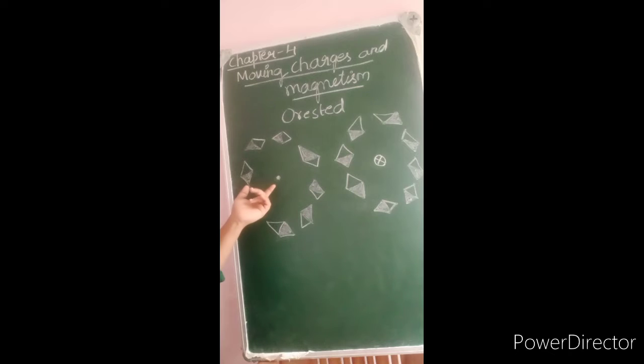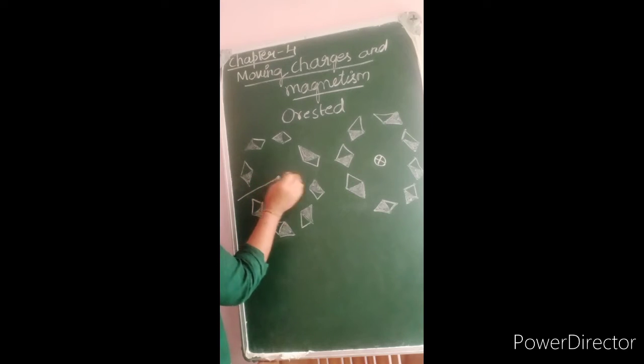Imagine that the straight wire is passing through the center and the plane is perpendicular to the wire. Suppose you imagine a wire passing through the center of the plane of the paper, then it is represented by the first diagram here.